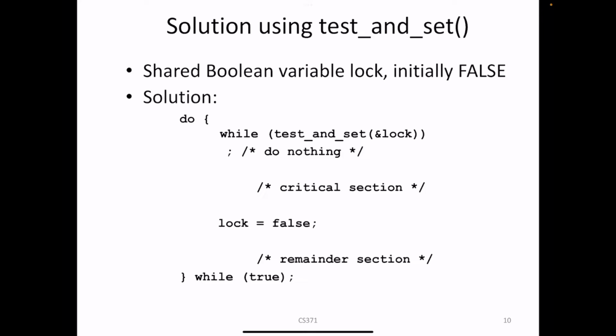However, at this moment, an interrupt is triggered. Then P2 is put onto the CPU. The while loop of P2 is executed. Since the value of lock is now true, P2 will be stuck at the while loop and still set the value of lock as true. Then an interrupt happens, and P1 is put back. The value of lock is changed to false, then P1 runs the remainder section. Then it is interrupted by P2 again.